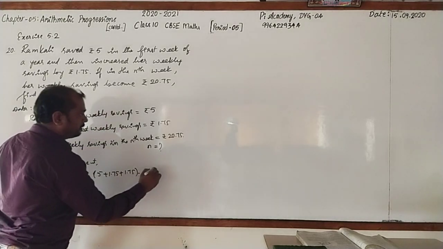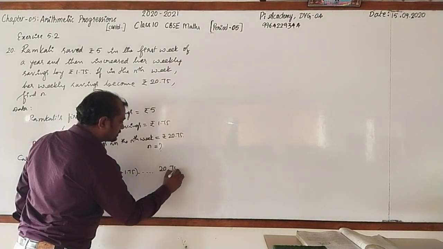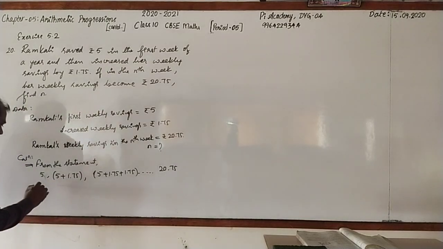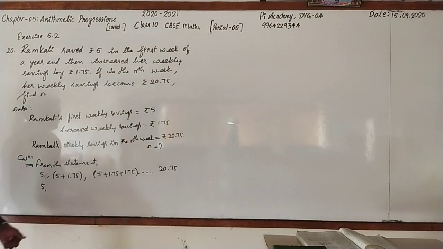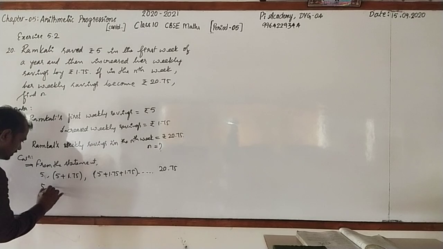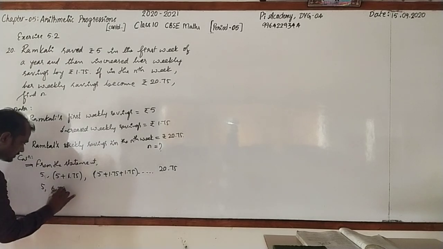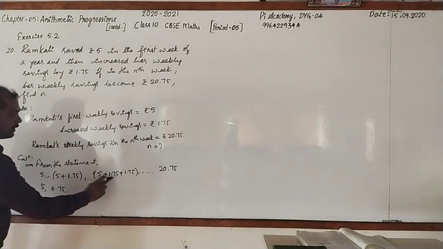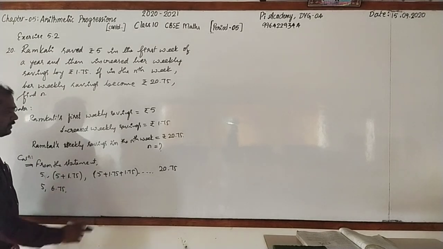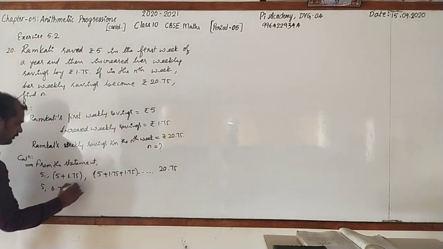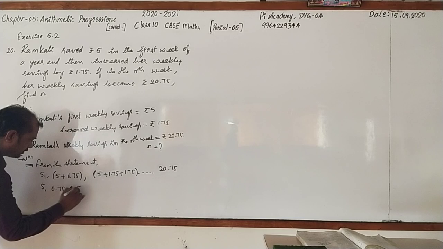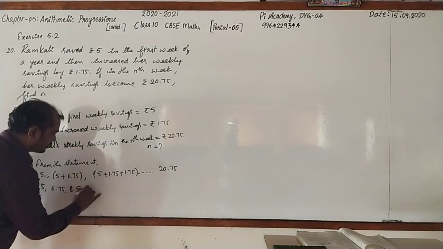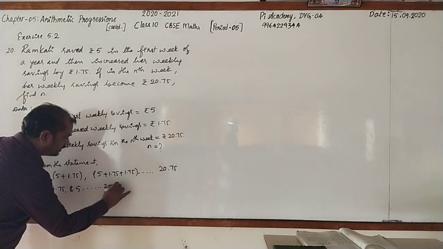At last it will be 20.75. This can also be written as 5, next add these two, it will be 6.75. Add this 1.75, 1.75, 3.5 plus 5, 8.5 and so on. It's equal to 20.75.